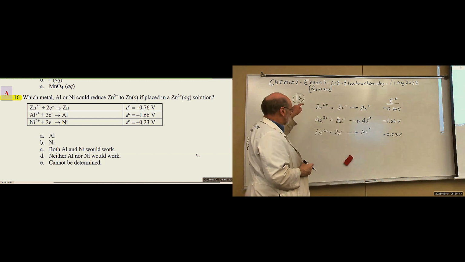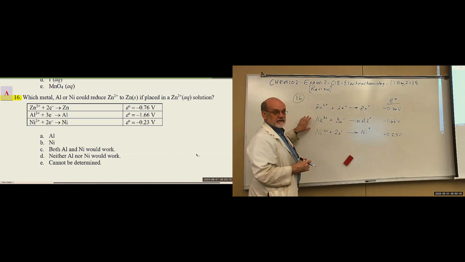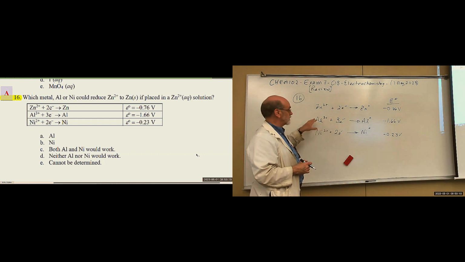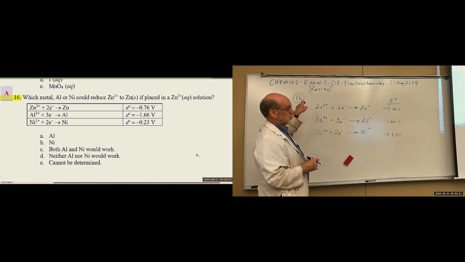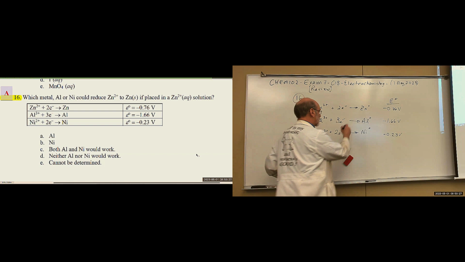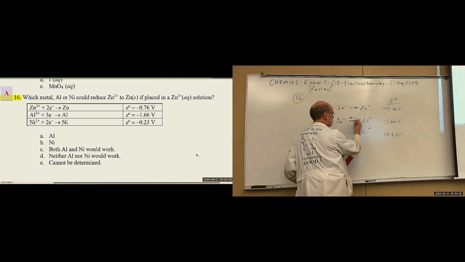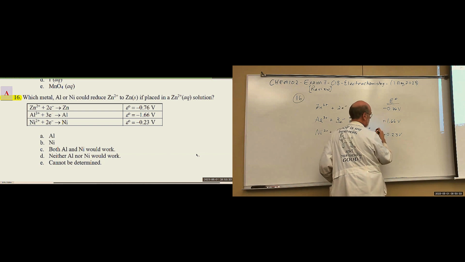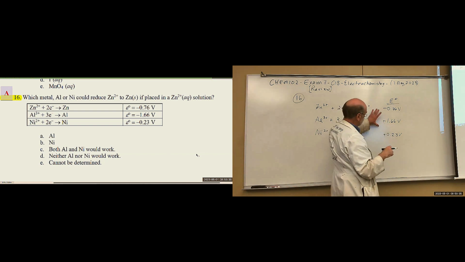Okay, if this is going to be reduced, these have to be flipped. They have to be oxidized in order to reduce this one. They have to be reducing agents. That means they have to be oxidized. So if we flip it back the other direction, it changes signs, and then add the two together and see what you get.